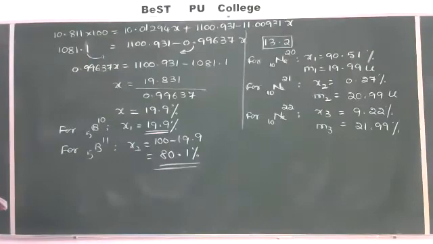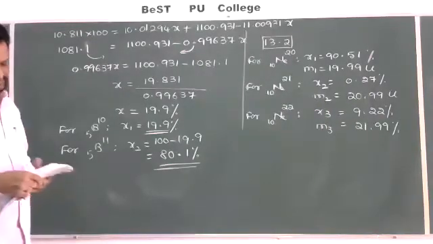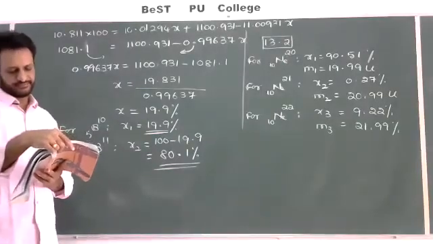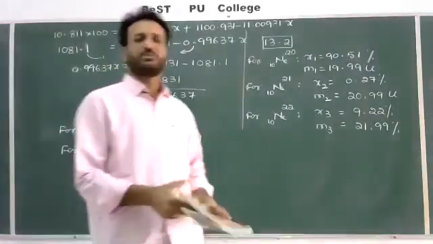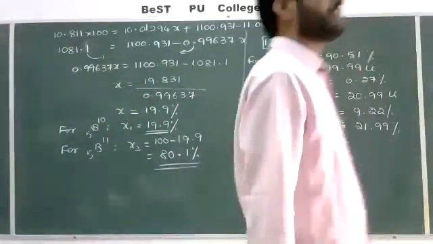Now what are they asking? Find the average atomic mass. How to find the average atomic mass? Here 3 isotopes are given, so you should write m1x1 plus m2x2 plus m3x3.